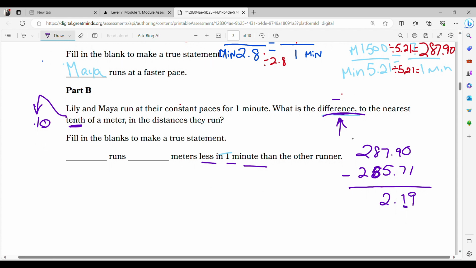But they ask us to round to the tenth, which is right here. Is this a 5 or higher? 9 is, so that means that one goes up. Our answer is Lily runs 2.2 meters less in 1 minute than Maya.